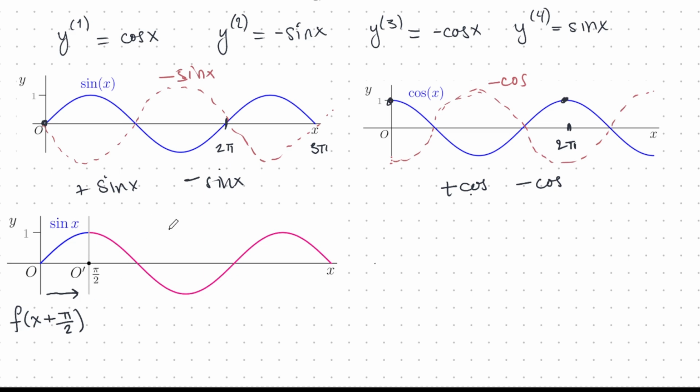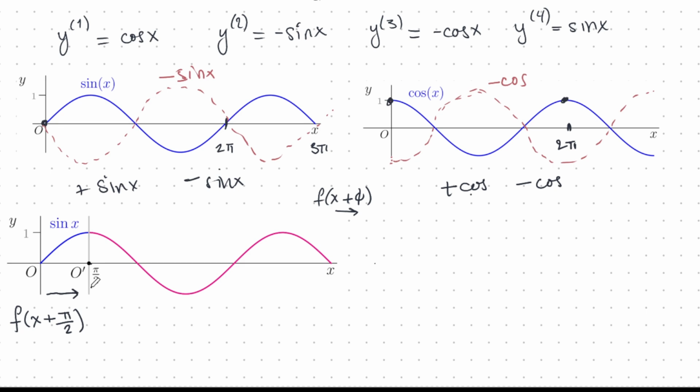So if I take any function f of x, and I add to it some angle or some value phi, I'm going to shift the origin to the right. It's the same thing as shifting the curve itself to the left, but actually I prefer to reason about moving the origin. You'll see it's easier to draw and it's easier to think about. So I move the origin here to pi over 2.